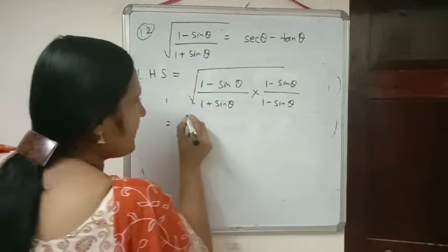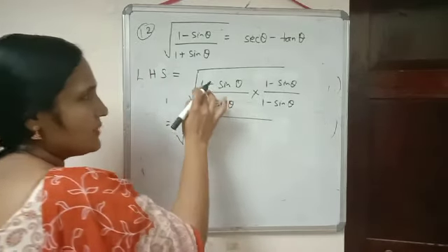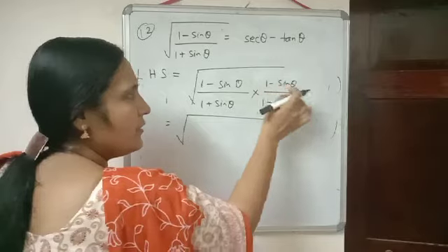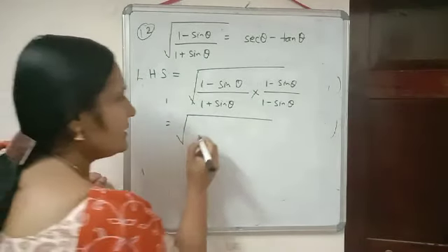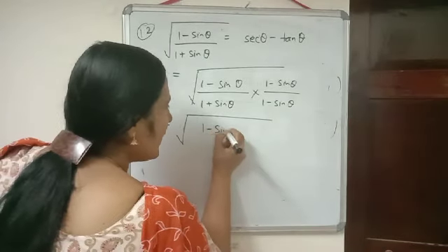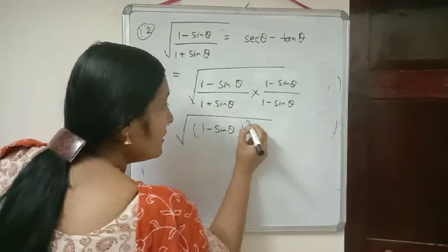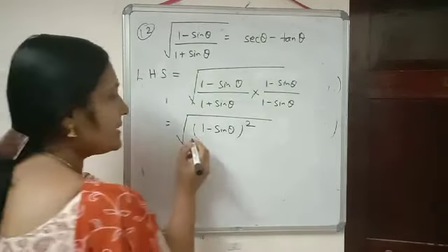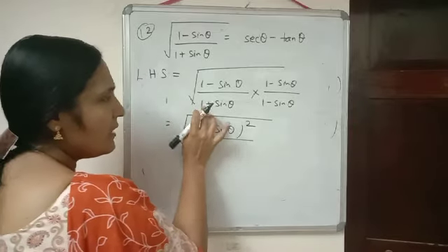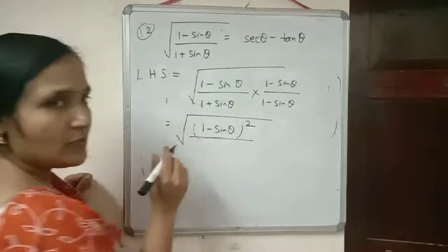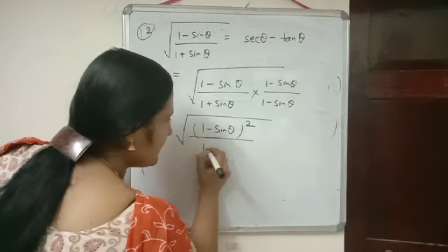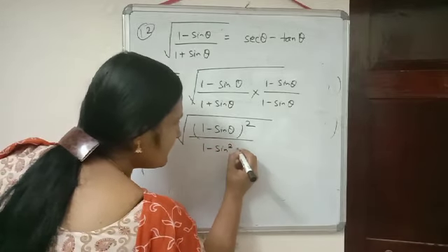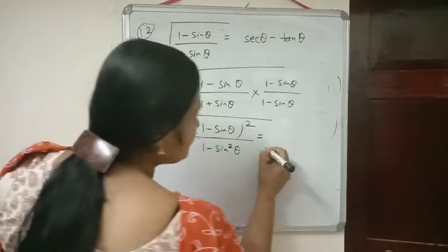Now don't multiply. Now just check the expression. 1 minus sin theta into 1 minus sin theta can be written as 1 minus sin theta the whole square. Inside the square root we need a complete square. By here 1 plus sin theta into 1 minus sin theta, that will be equal to 1 minus sin square theta.